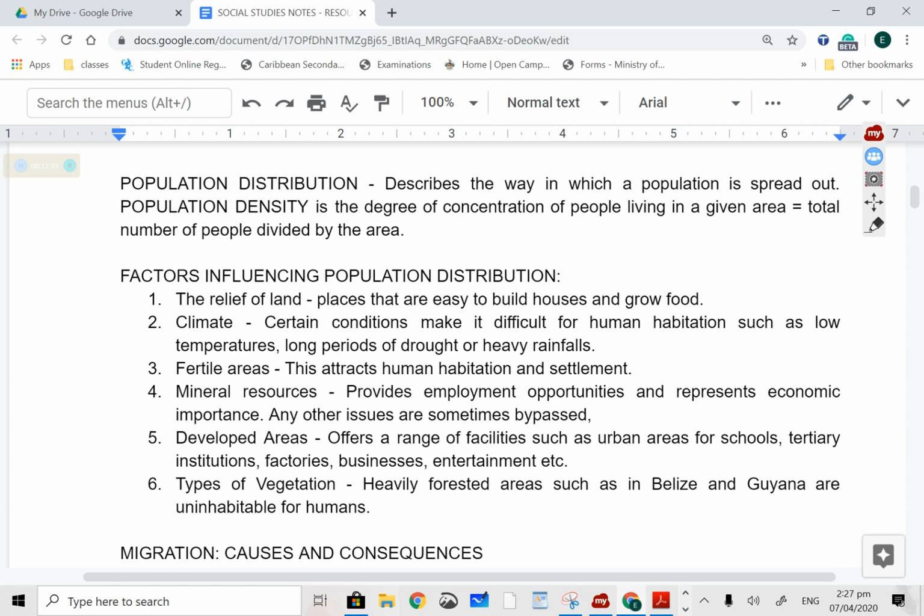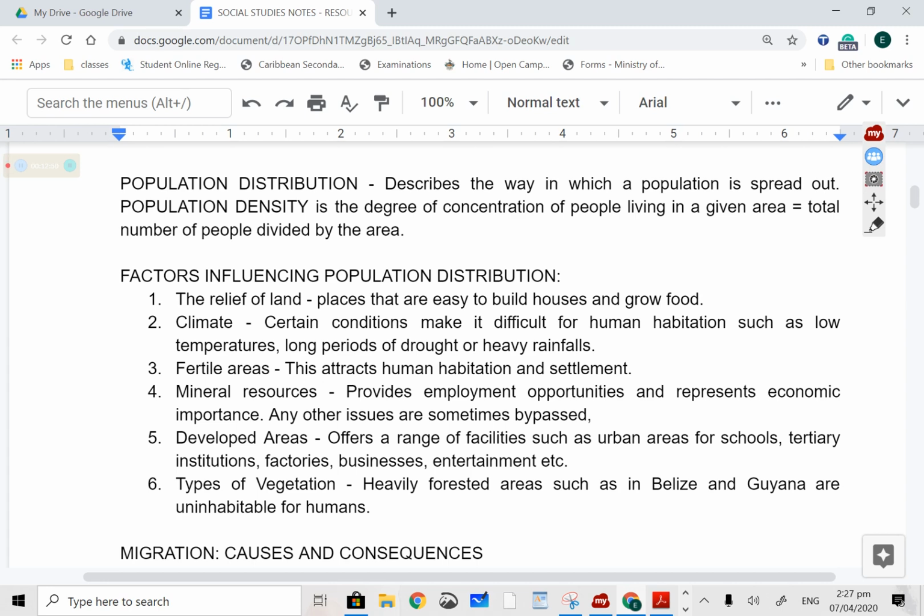So you should just go to your textbook and get the formula for calculating population density and jot it down a couple of times so you will remember it, okay? Because even though I'm reading for you, the best way to learn is always to write.